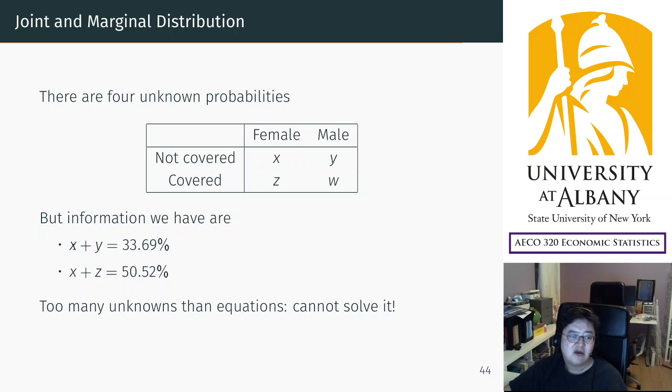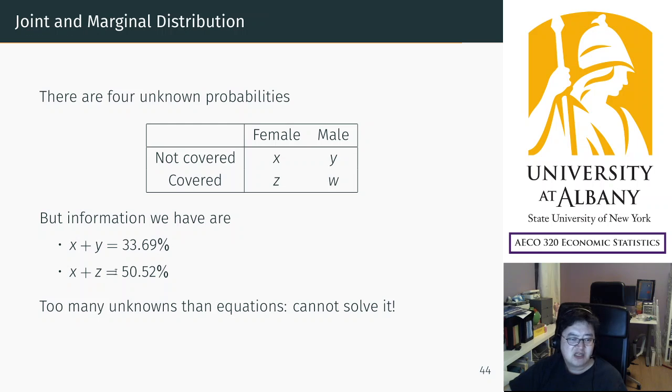We know that the probability of uncovered is 33.69%. Or we know that the probability of female equals 50.52%.